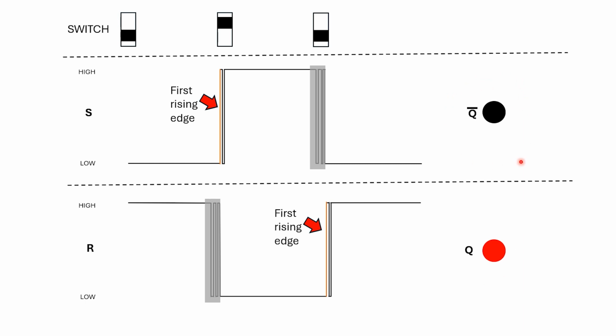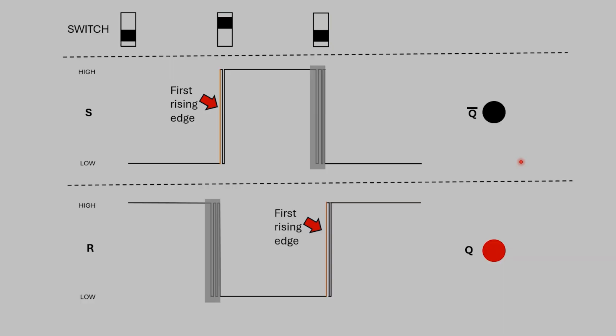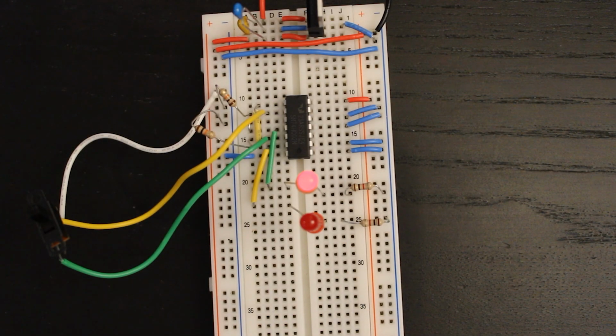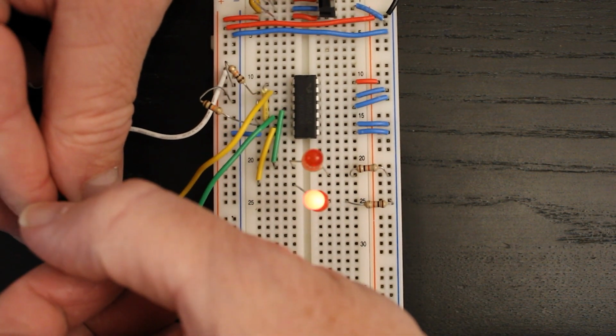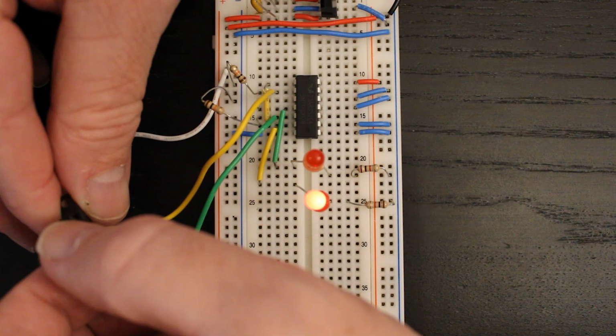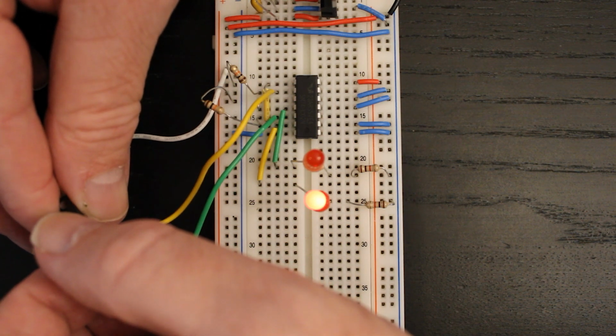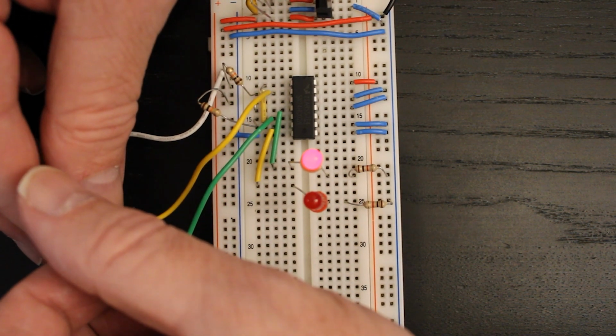Okay, let's see that in action in the built circuit. So here's the same circuit, but now with that flip-flop, the NOR latch, in place. And what you'll be able to see is that when I throw the switch, again, we switch over from one LED to the other and back again.